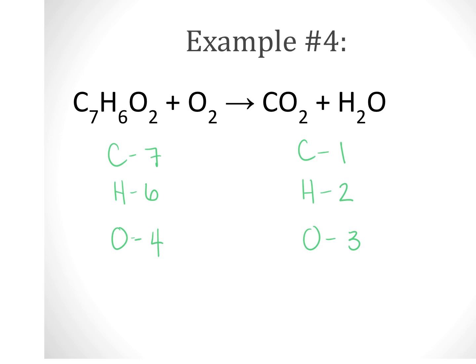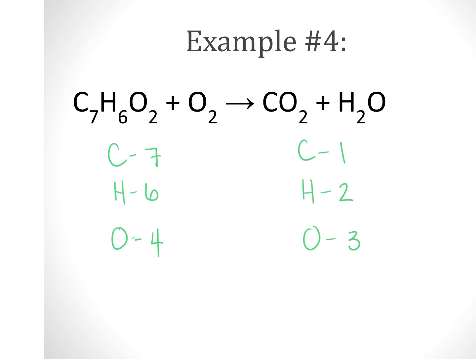Okay, so as we do more of these, we're going to notice this pattern that we have this O2, you're going to save O2 for the very end. Okay, so it doesn't matter if you start with carbon or hydrogen, but you're just going to save oxygen for the end. Personally, I just start with carbon because it's the first one. Okay. So if there's 7 carbons on this side, what coefficient do you need? 7. Okay, so I'm going to put a 7.